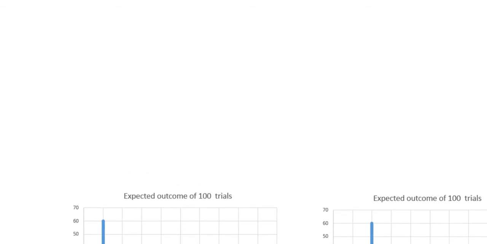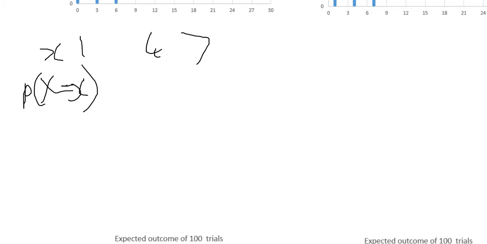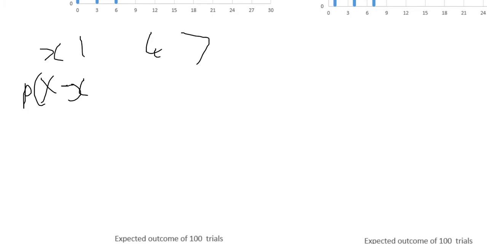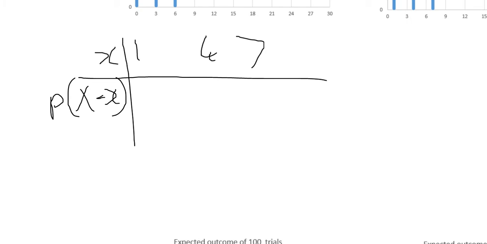Well, if our x is that, the probability that x equals x is still going to be 0.3, 0.6, 0.1.